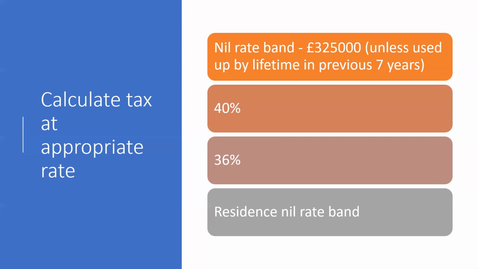A qualifying residential interest is a house, a dwelling house, which has been the house of the deceased. Okay, so has been where they've actually lived. Okay, and forms part of their estate. And it's got to be closely inherited, which means it's got to be inherited by a child or grandchild or other linear descendant of you.